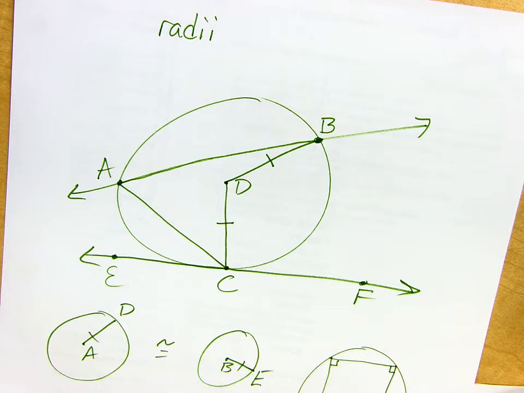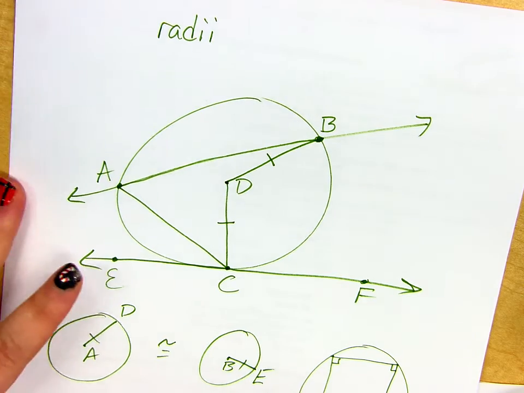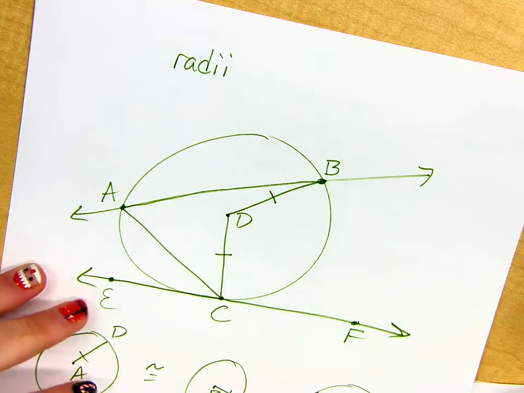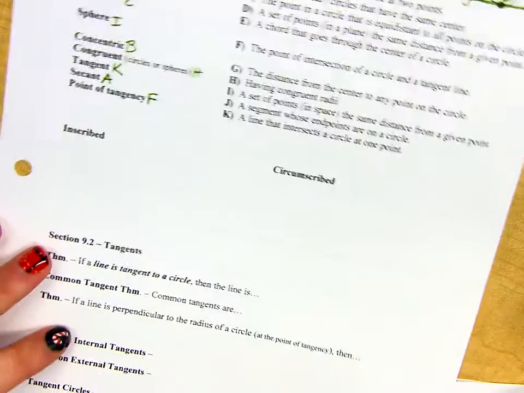Okay, so the first super cool thing we're going to learn about tangent lines is on your note sheet. If a line is tangent to a circle, then, you ready for this? This is so cool.